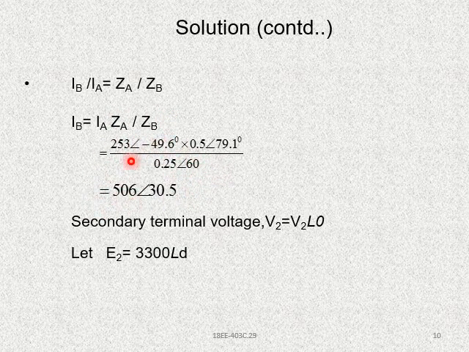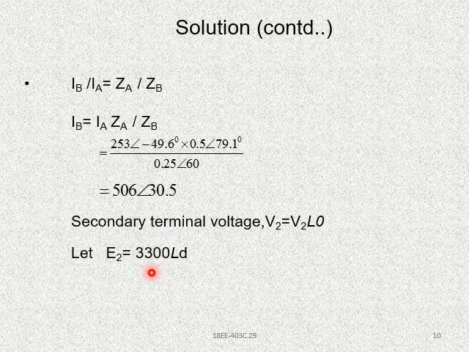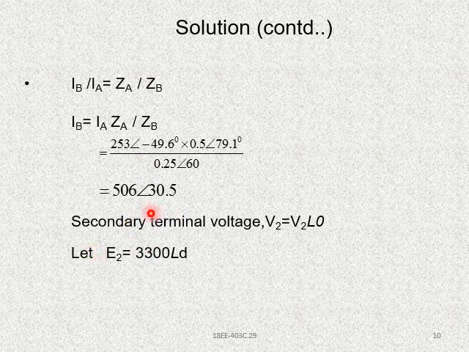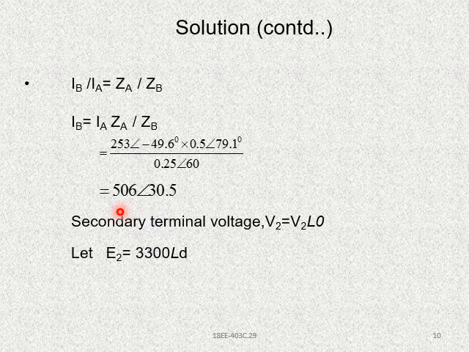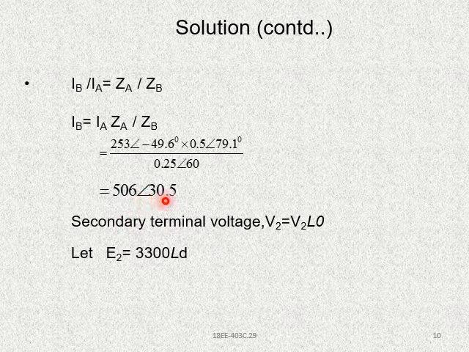Just put the values in the Casio by fixing it to complex form, so that you will be getting 506 at an angle of 30.5. The secondary terminal voltage V2 is V2 at an angle of 0, and let us consider E2 is equal to 3300 at an angle of 0.